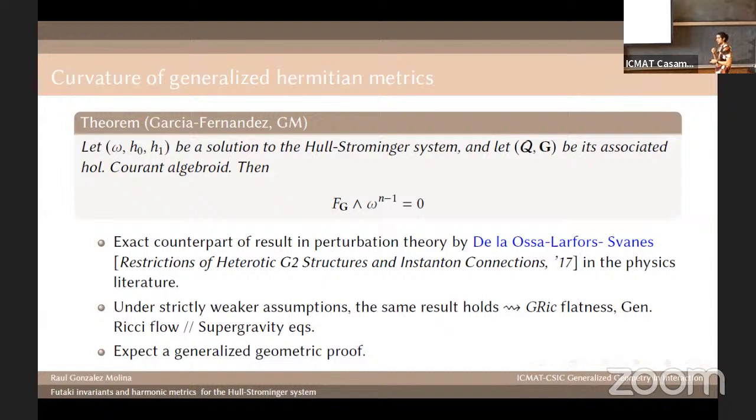In our context, as you were pointing out, our result says the following. So this is true, but we have this result even in milder situations. So we don't need the full power of a solution to the Hull-Strominger system, but just the solution of a relaxed version one can ask for in any compact complex manifold just with vanishing first Chern class.